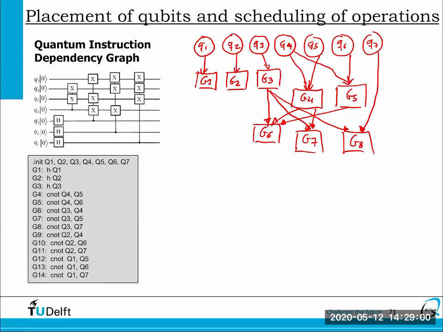Now I go to G9. And this is a C node between Q2, that has not been used here, and Q4. And Q4 has been used here before G6.